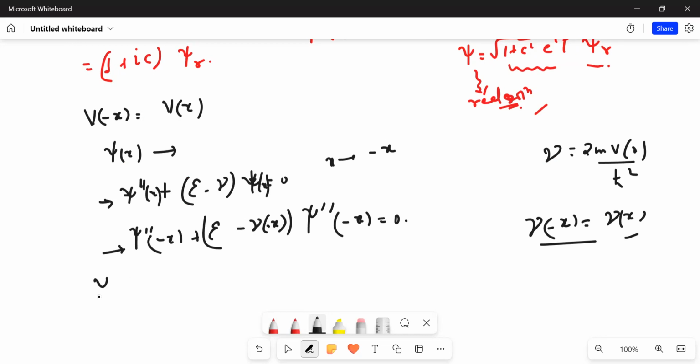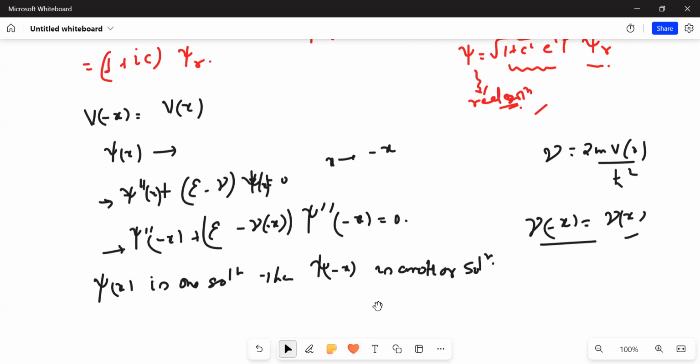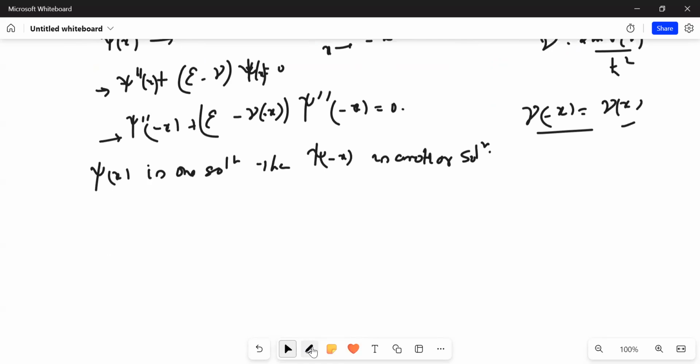So basically, if psi(x) is one solution, then psi(-x) is another solution. And in fact, from this, I can always make two parts.